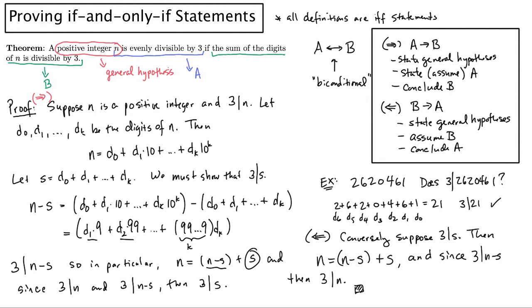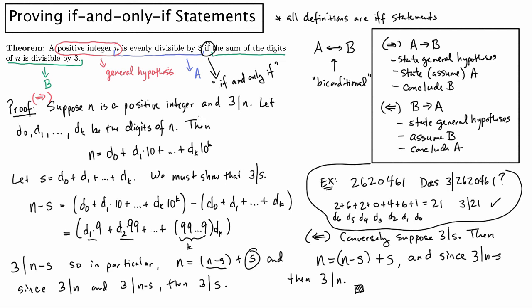Sometimes I'll put this little box at the end to mean that we're done. But the idea here is we have to prove it in both directions. Because we were able to prove it in both directions, what we know is that this is an if and only if statement. A positive integer n is evenly divisible by 3 if and only if the sum of the digits of n is divisible by 3.